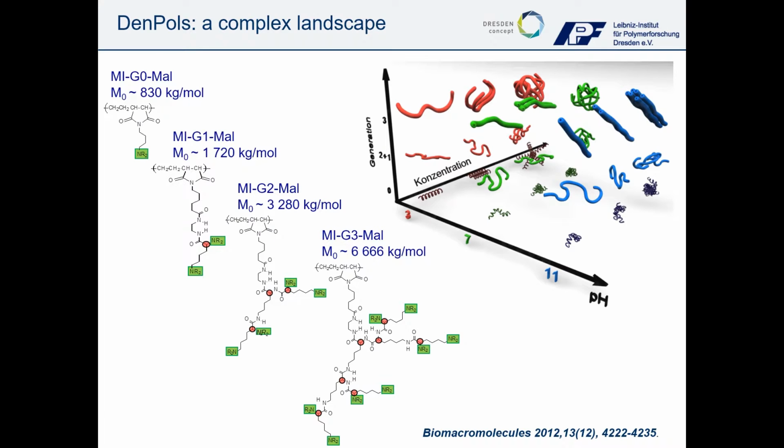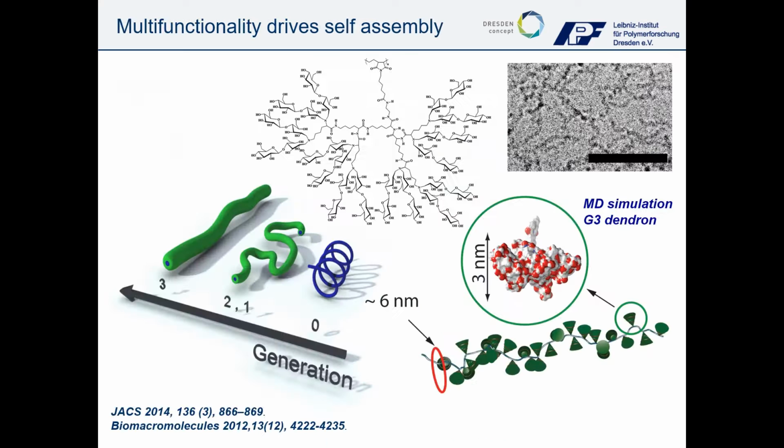Finally, this combination of techniques gave us a full picture of the shape of single polymers and aggregates depending on concentration, generation, and pH value, which can be explained with multifunctionality and very strong multiple H-bond interactions between the polymers. These multiple H-bond interactions, especially in the 3rd generation polymer, can be explained with the huge amount of maltose groups on only one dendron.